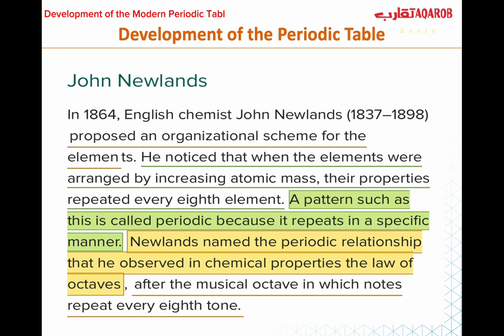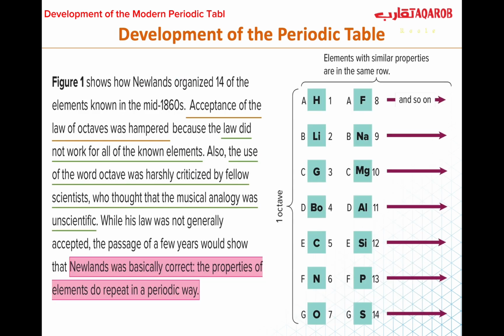Just as in a musical octave there is repetition in every eighth tone, the elements repeat their properties every eighth element. That's why he called this the law of octaves.